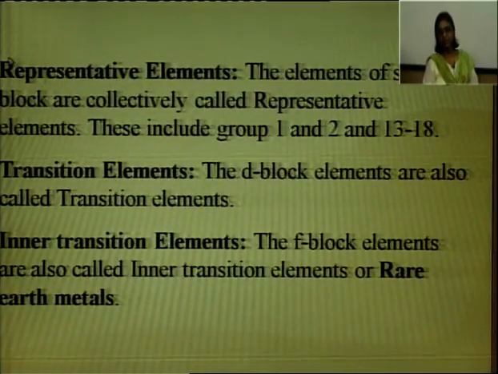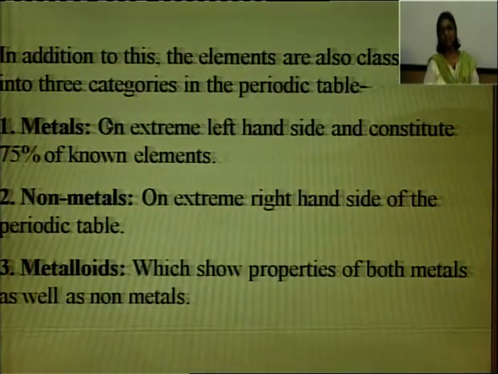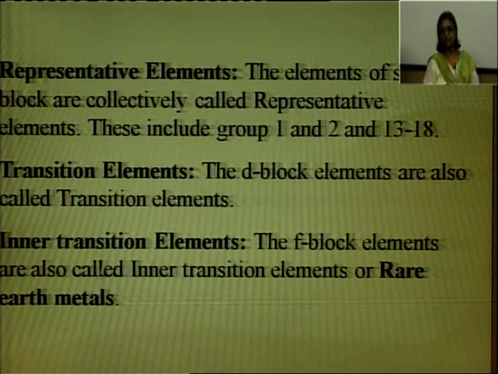Now we see that the periodic table is divided into 4 types of elements. First are the representative elements, which consist of S and P block, that is they have the group 1 and 2 and then from 13 to 18.